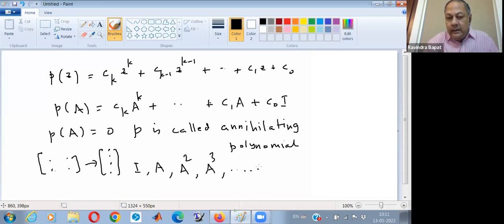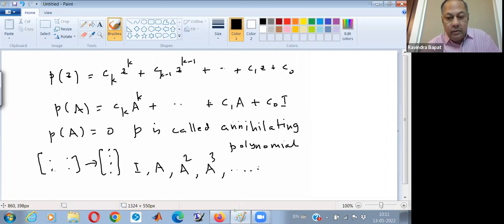I am talking of linear independence in the usual sense, using basic vector space facts, and then they will become linearly dependent. In fact, as soon as you go to A to the power n squared, then because identity is also there, you have n squared plus 1 vectors, and so they must be linearly dependent. And so there's a linear combination which is equal to 0.